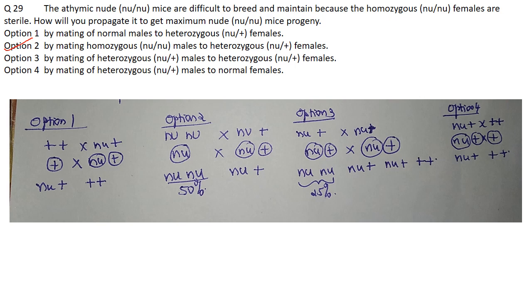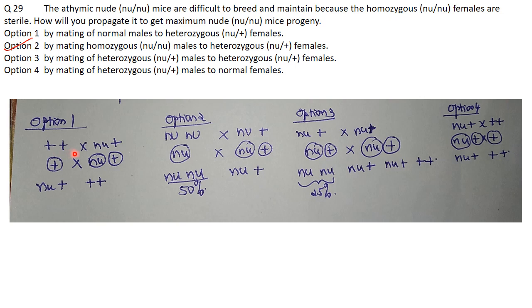So coming to the next question. Athymic nude mice, nu/nu, are difficult to breed and maintain because the homozygous nu/nu females are sterile. How will you propagate it to get maximum nude mice progeny? So first option, by mating normal males to heterozygous nu/+ females.